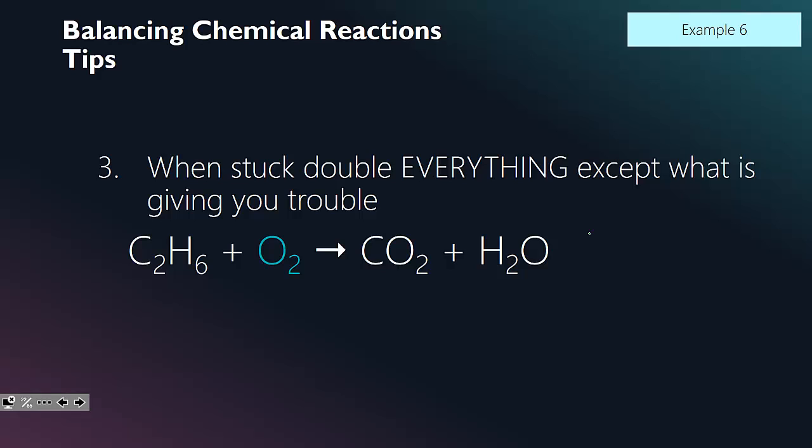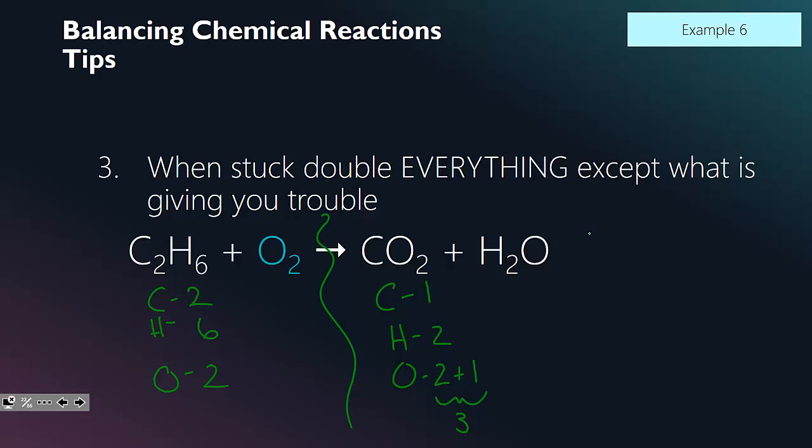If you ever get in trouble, my final tip is to double everything except for what's giving you a hard time. So here we see a combustion reaction again, where something reacts with oxygen to produce 1 or more oxides. And once we get our atom inventory, we see that everybody is all over the place.